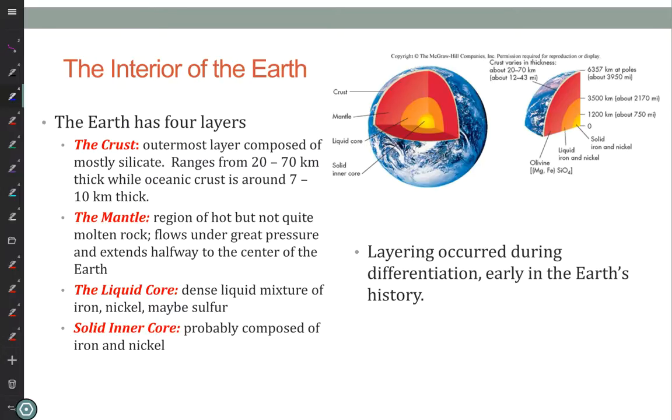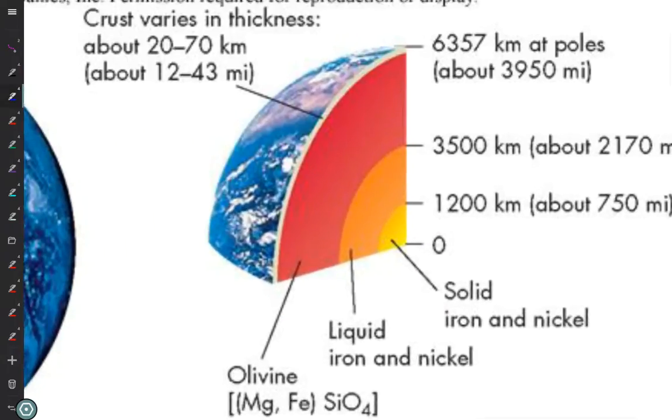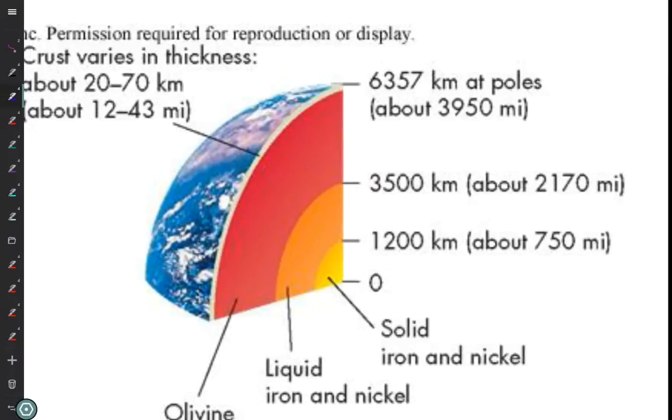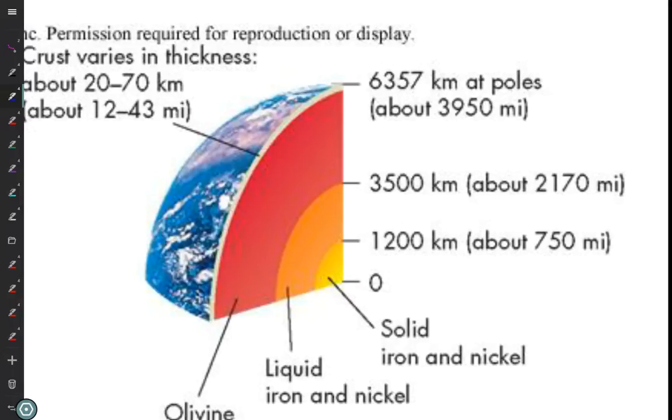But then we have the mantle, which is a reasonably thick layer. If you look over here, you have distances from the center of the Earth. So the crust is on average 6,357 kilometers from the center at the poles. It's a little bit farther if you're at the equator.